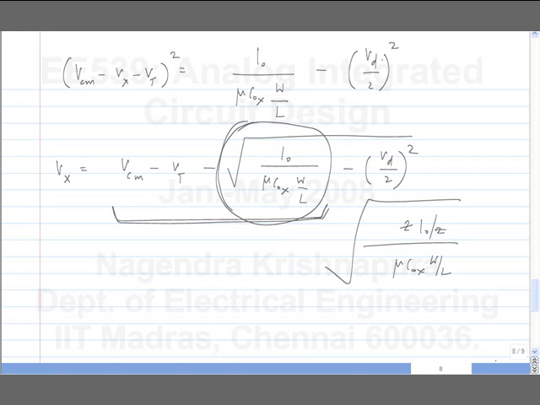What happens when the argument inside the square root becomes negative? For large enough Vd it will happen, right? What does it mean? If the argument inside the square root is negative, we get an imaginary answer.